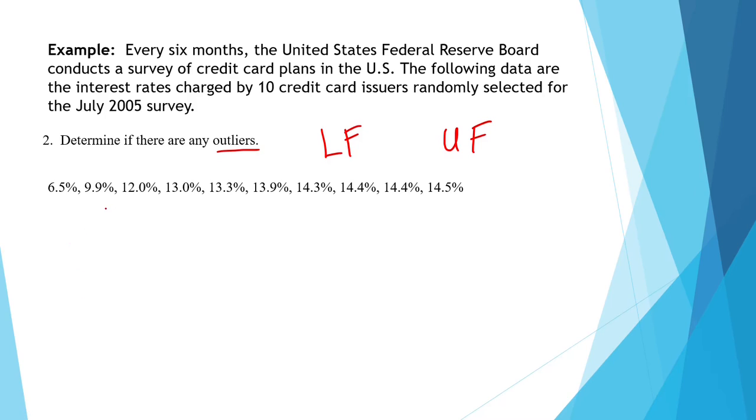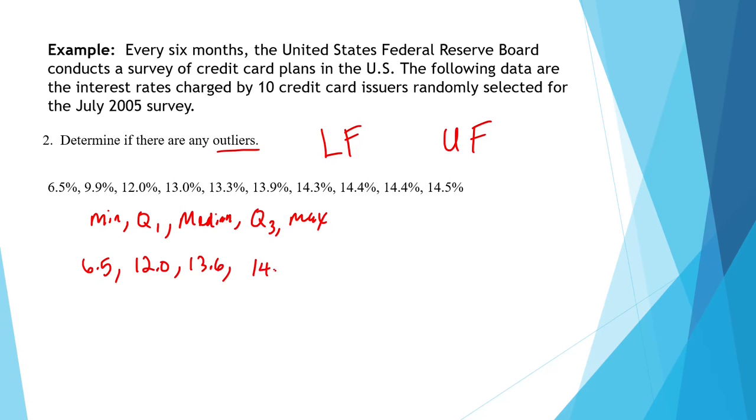Let's recall the 5-number summary. The minimum, Q1, the median, Q3, and the maximum. And our numbers are 6.5, 12.0, 13.6, 14.4, and 14.5.